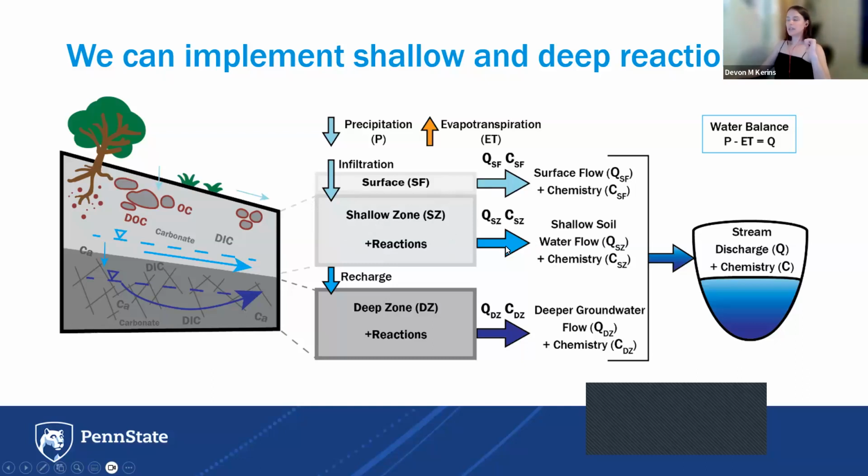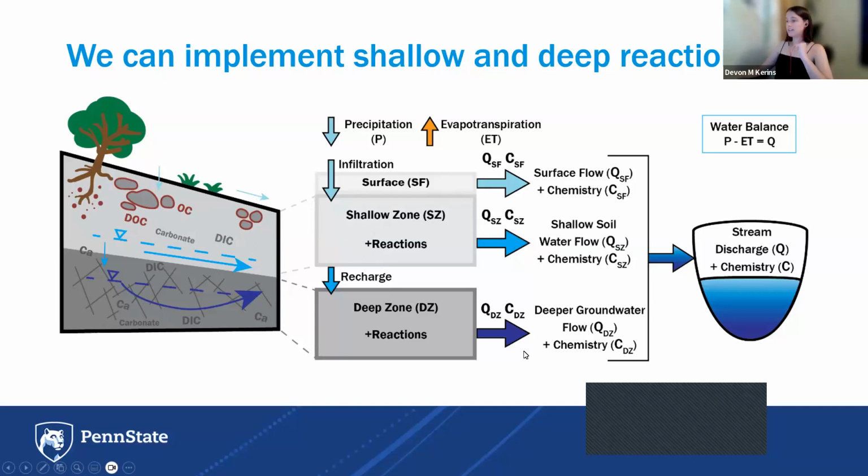The second flow path that HBV generates is this shallow soil zone flow path. And so this would be water that would be more associated with interflow, or water that's more responsive to different meteorological events. And so this flow path tends to be involved in more reactions in this shallow subsurface, so shallow soil reactions, and carry more biogenic species to the stream.